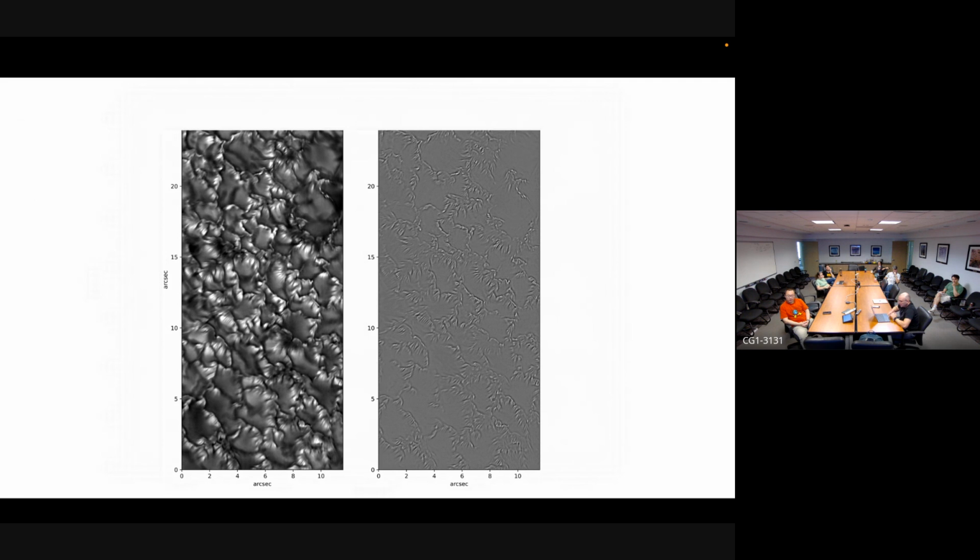We can see these facular brightenings, which are typically bordered by dark lanes. The beauty of facular observations is that you can immediately see from the image which side is disk center and which side is limb. Those dark lanes are always towards the disk center side.